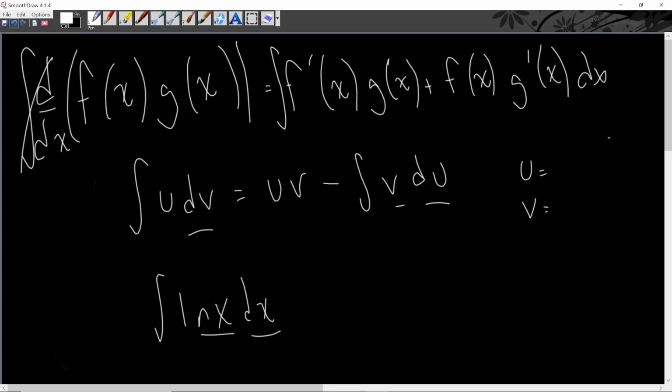So u in this case is going to be ln x. We know that derivative like the back of our hand. We know that du is equal to 1 over x dx, right? And then dv is supposed to be what's left. So ln x is u, which means that dv is going to be 1 dx.